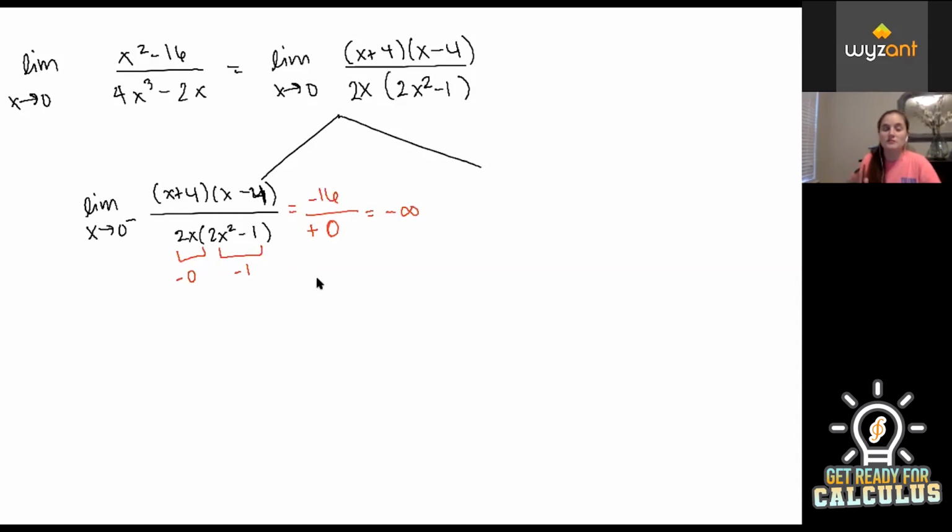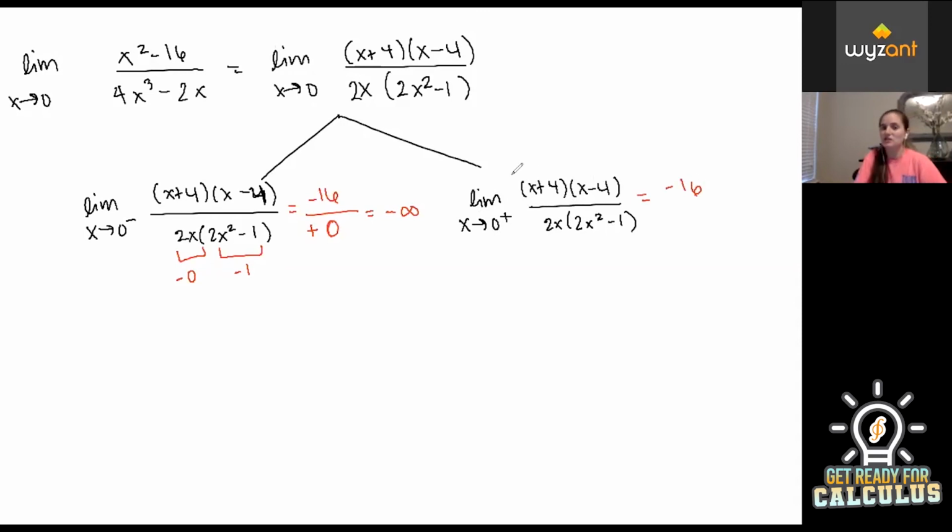Okay, so that probably seems pretty confusing right now. Hopefully when we do the next problem, it'll make a little more sense. So let's say we go to 0 from the right. So we'll do x plus 4, x minus 4, over 2x squared minus 1. Okay, so we're still getting negative 16 on top.